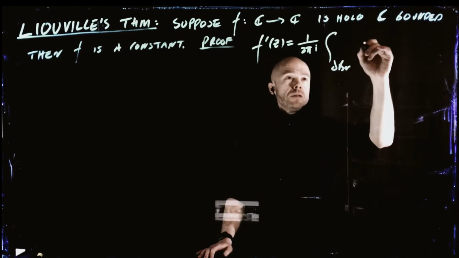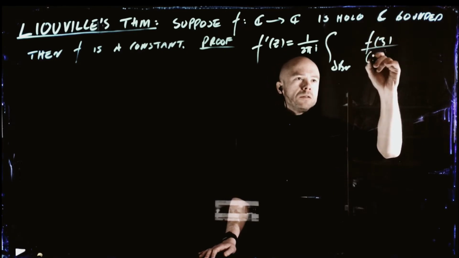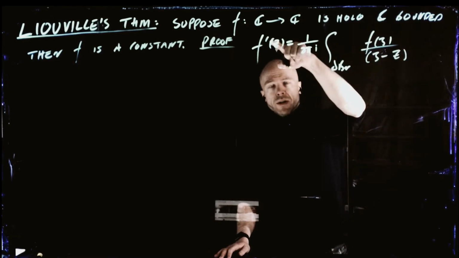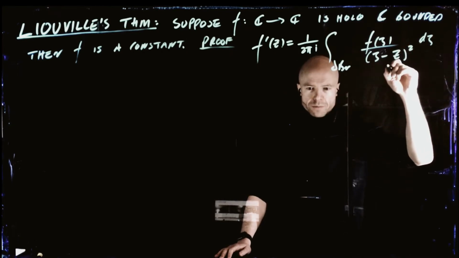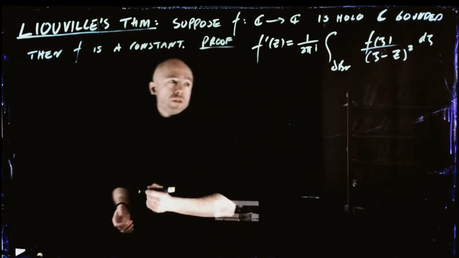And what do we know? This is equal to f of zeta over zeta minus z, and since it's the first derivative, it's k plus 1, so it's squared here, d zeta. That's Cauchy's integral formula for derivatives applied to the first derivative.